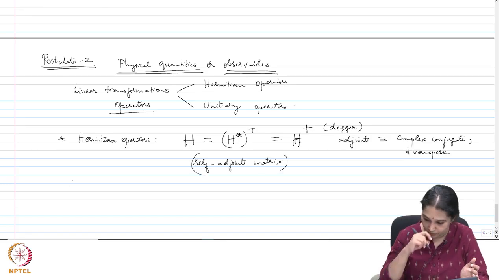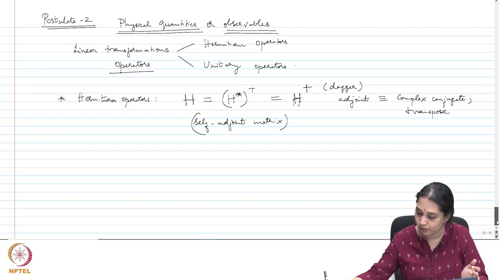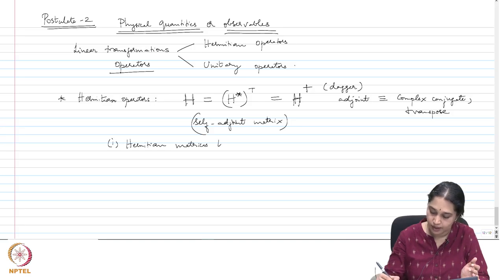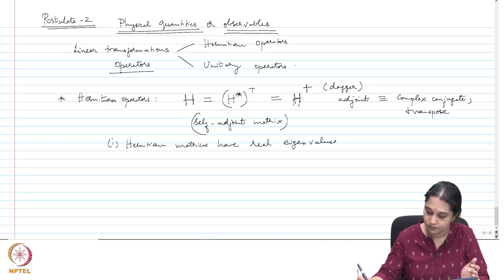The second class, so why are Hermitian operators important? We will just observe two things about them. So firstly, Hermitian operators or Hermitian matrices have real eigenvalues. This is one reason why we'll be interested in them. And just to again recall what the eigenvalue is.